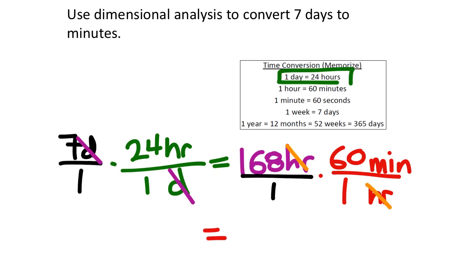So the hours cancel out. I got a 1 times 1 in the denominator, so in the numerator I just do 168 times 60. I'll do that in the calculator there. 10,080. Yep. In minutes. So a full week in minutes would be 10,080 minutes.